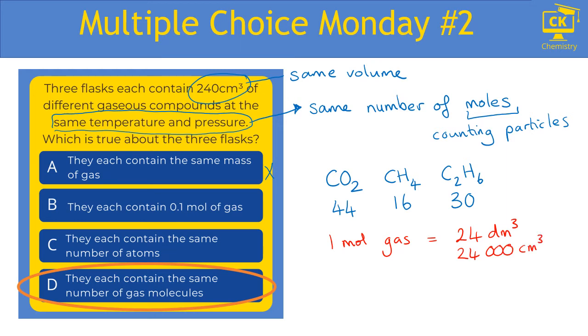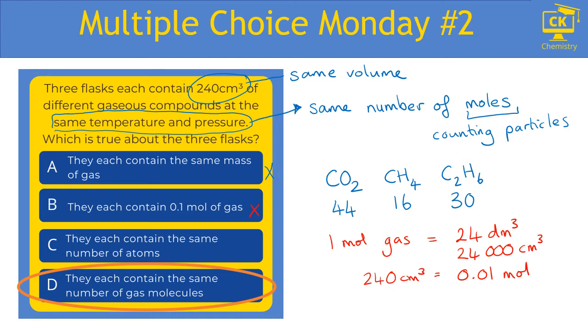These flasks could be at room temperature and pressure, but even if they were, 240 centimetres cubed would not equal 0.1 moles. It would actually equal 0.01 moles of gas. Either way, the question doesn't say it's at room temperature and pressure, so we can't make assumptions about that.